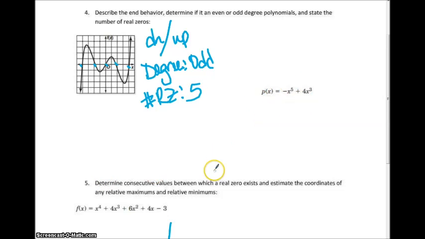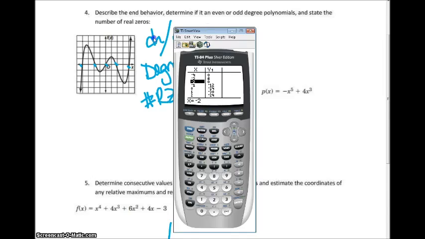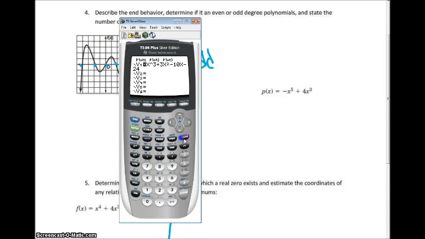Then they give us an equation. Your end behavior, if you're not sure what it is, you could always put it into y equal. So we have negative x to the 5th plus 4x to the 3rd. Zoom 6 to make sure you have a good graph.